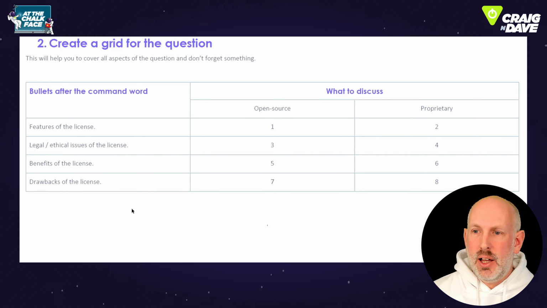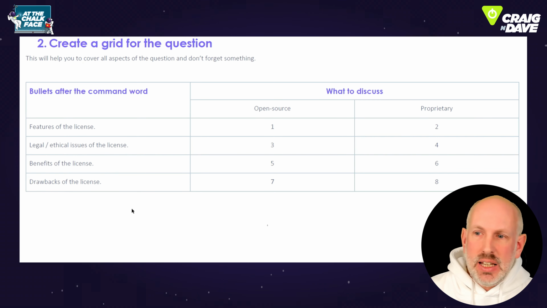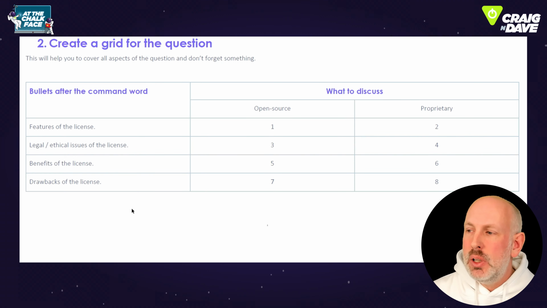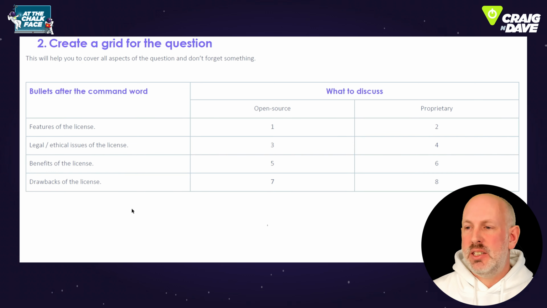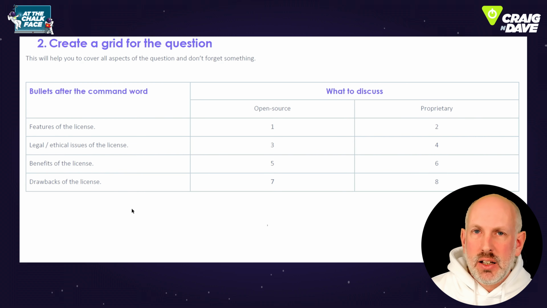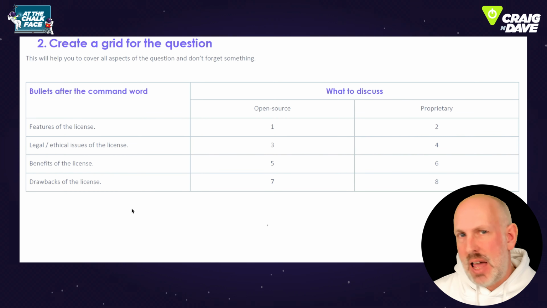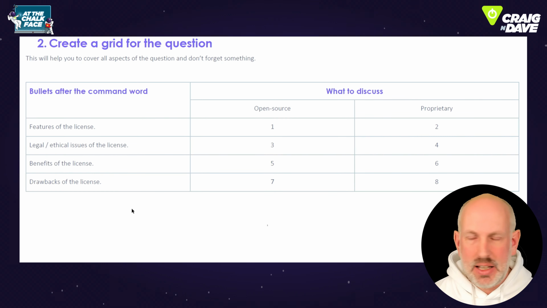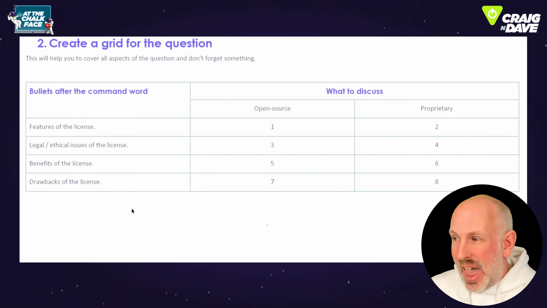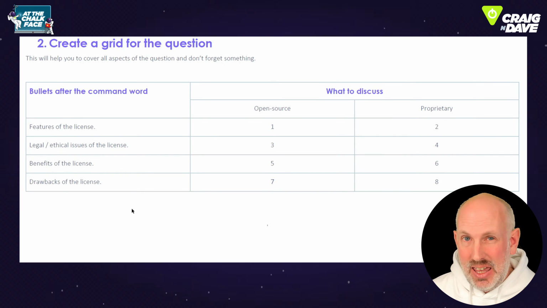No, it doesn't. Equally, we've got legal and ethical issues, right? So I could have split those down into two. The only reason I haven't is because I think for this particular question, it's more challenging identifying legal issues that are separate from ethical issues. And I just thought, let's put those together, because at the end of the day, I'm looking for 8 points that I'm making here.